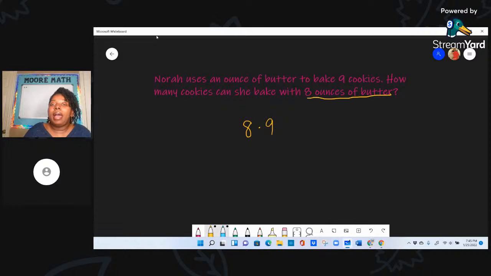Okay. So how many ounces of butter does she need for 9 cookies? So Nora uses how many ounces of butter for 9 cookies? What does it say?